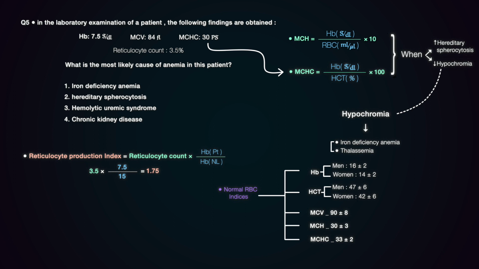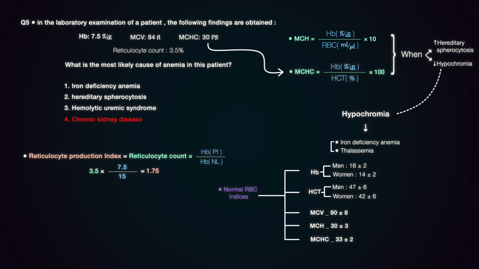According to this discussion, we have a type of hypoproliferative anemia, such as iron deficiency or anemia of chronic disease. So options 1 or 4 are the answer. If it is iron deficiency anemia, when the hemoglobin count is less than 10, we expect to have microcytosis and hypochromia.